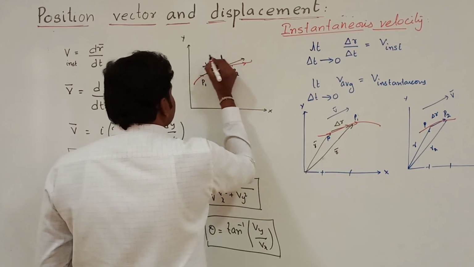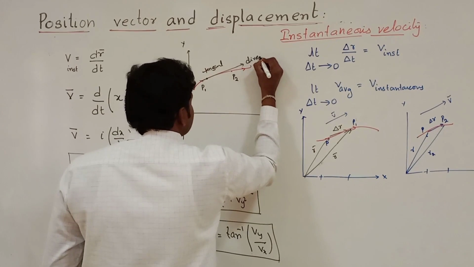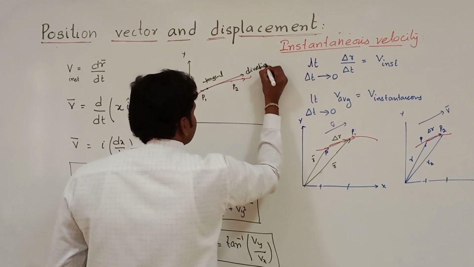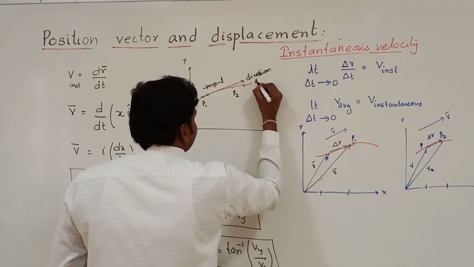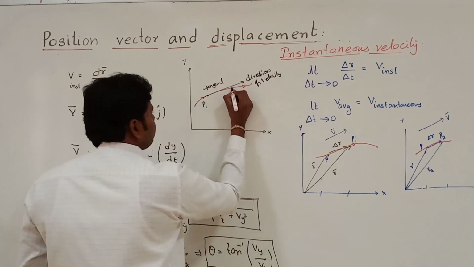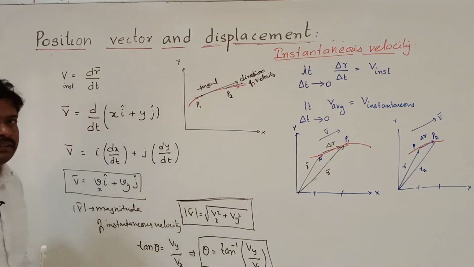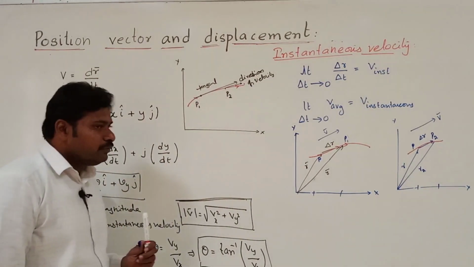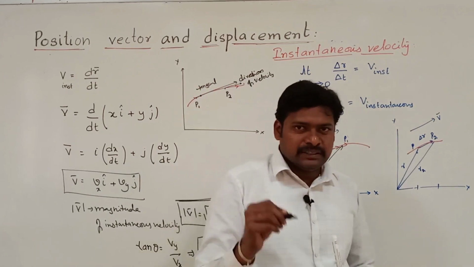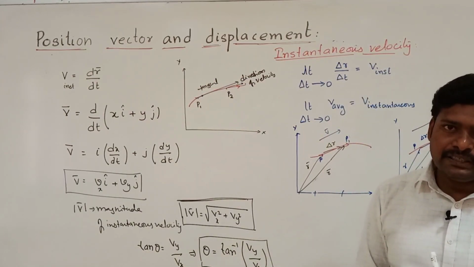This tangent is the direction of the instantaneous velocity. So here also, you draw a tangent on the curved path at that particular point, and that gives the direction of instantaneous velocity.